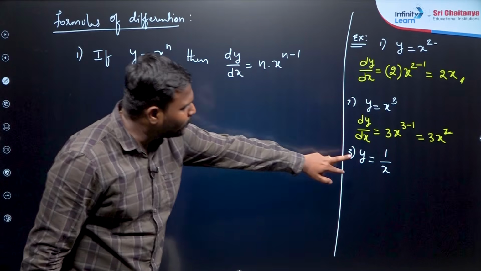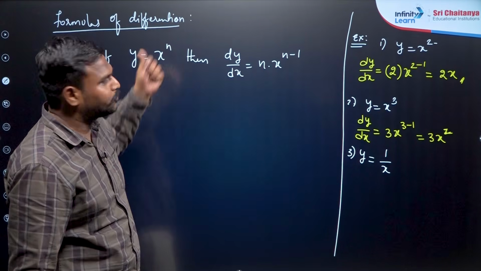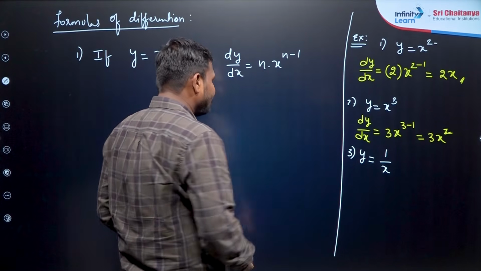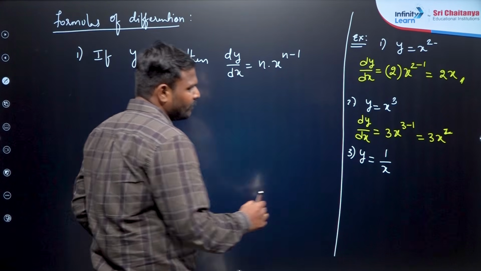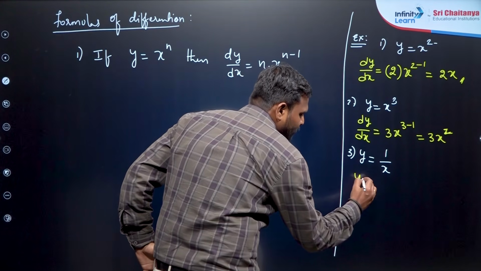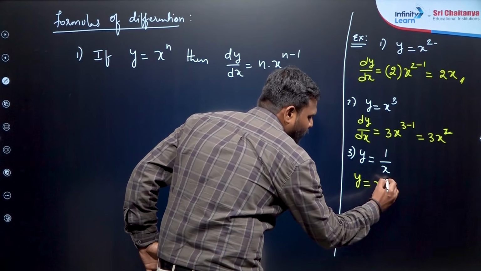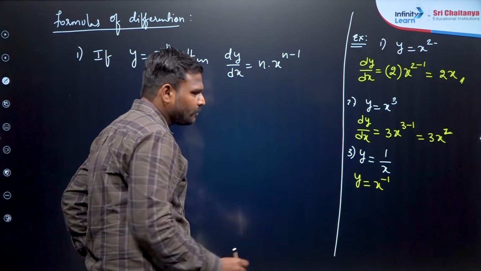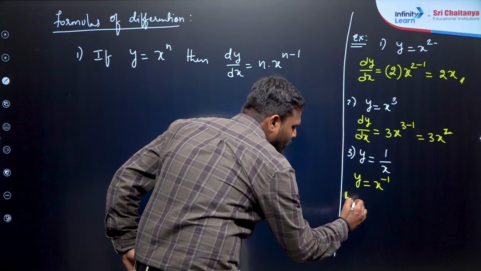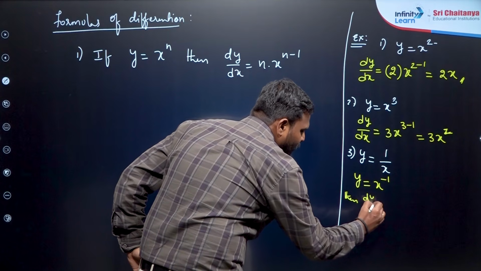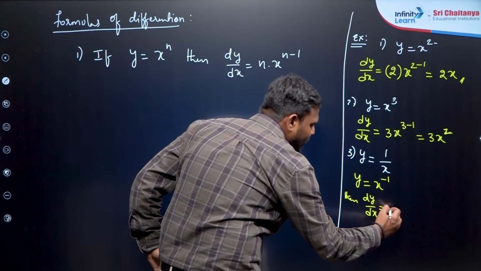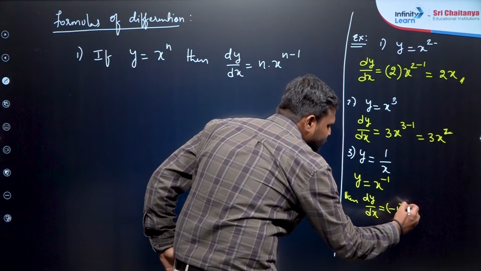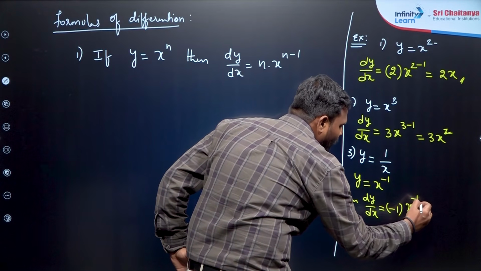Now I want to bring this in the form of x power n. So if I bring this in the form of x power n, the function is becoming x power minus 1. Then what is the derivative? Dy by dx is equal to, multiply the power and subtract 1 from the power.